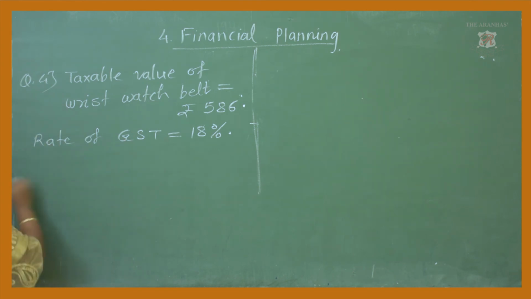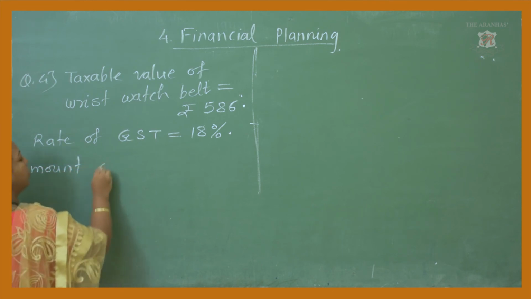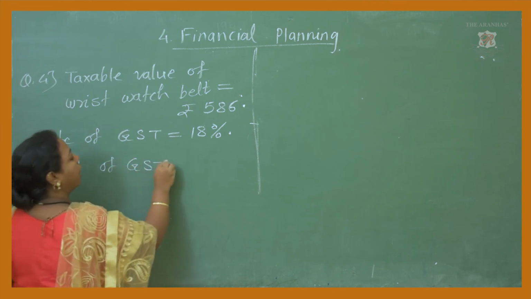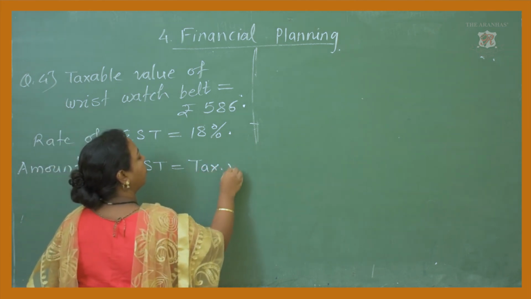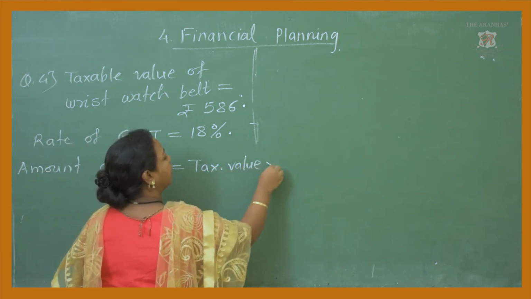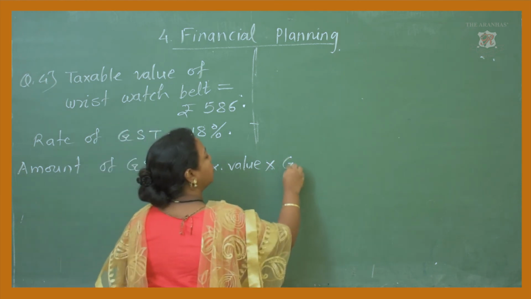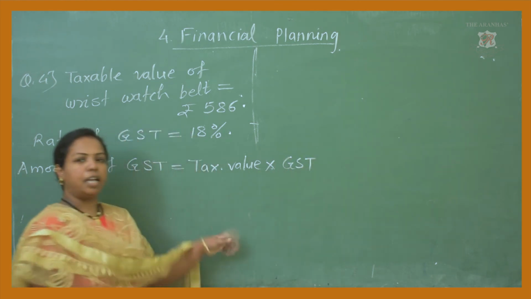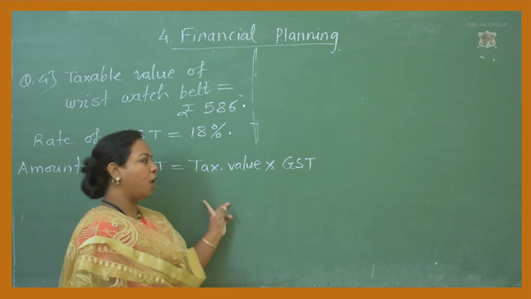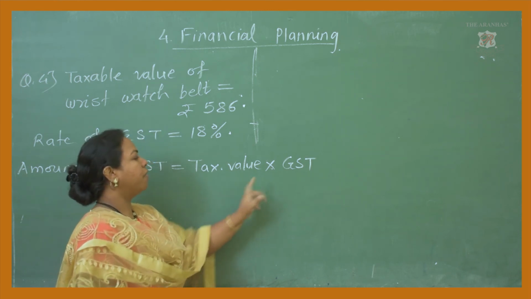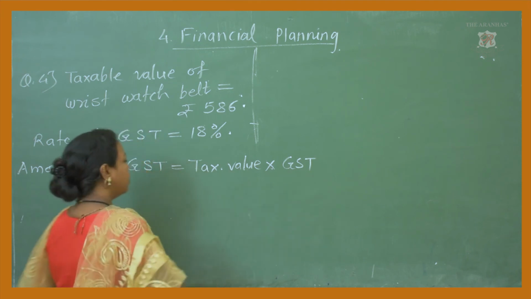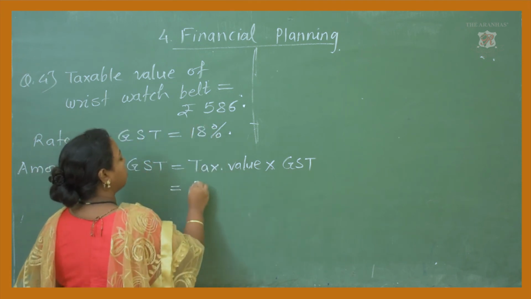So first of all, we are going to calculate the GST amount. How are we going to calculate the GST amount? It is taxable value into GST rate. In a previous example, we saw how to calculate that amount of GST. So, same formula: taxable value into that GST rate. Now what is the taxable value?